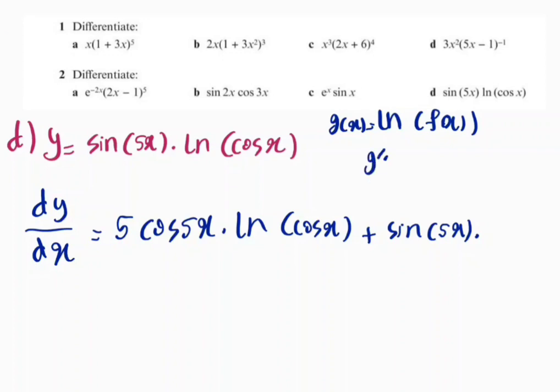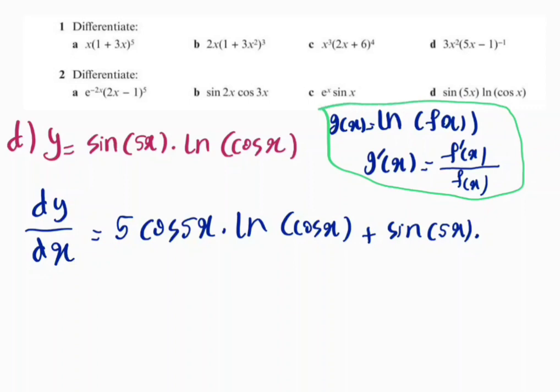Then the derivative is g dash x equals the derivative of the function that is inside, so f dash x on top, and then the denominator is just f of x. This form is very useful if you can memorize it, because it helps you to differentiate functions involving ln of something much quicker.